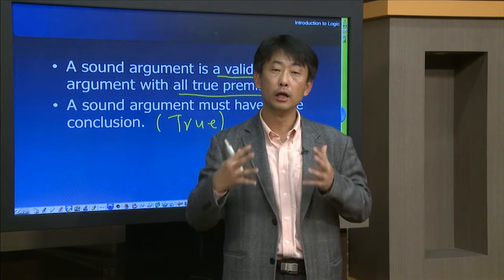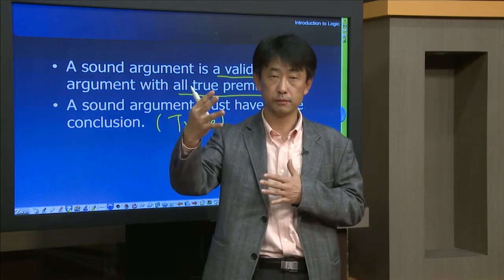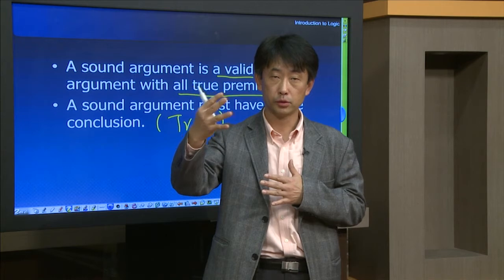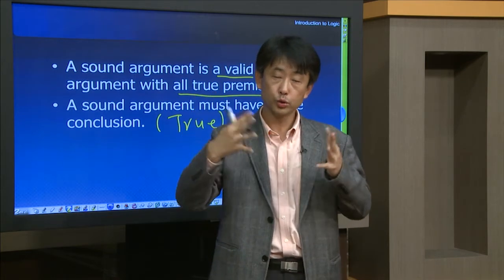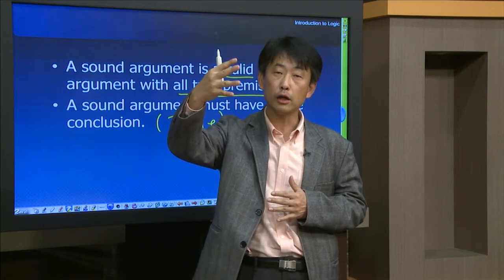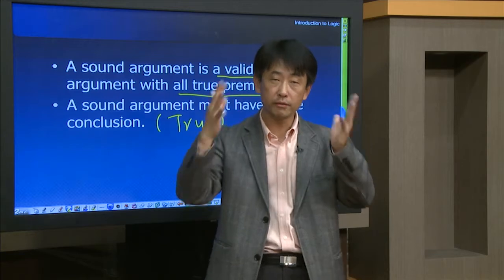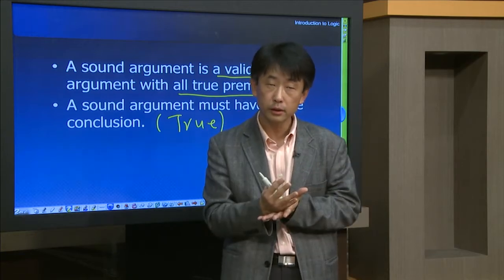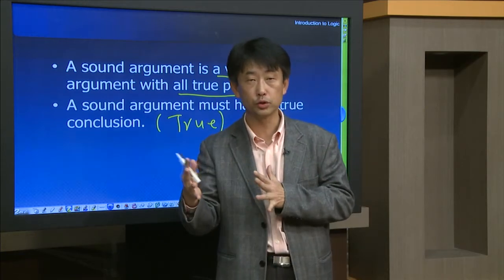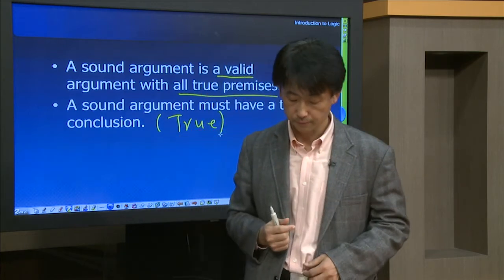That means the conclusion follows from the premises. So when those two conditions are satisfied, there are true premises and you argue validly from the premises to the conclusion, then you have a sound argument, and that roughly corresponds to a good argument in ordinary usage. Okay.